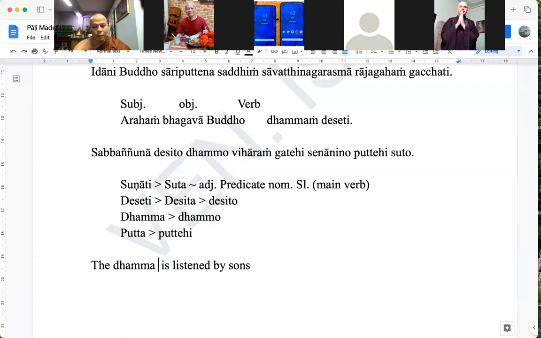So now the past participle is expounded. Expounded. Now we use the past participle, so it will be with an agent like here bodhehi for sutto. Now for desito also it will be with another agent with the instrumental case. That is here sabbaññunā, by the omniscient one. Expounded by the omniscient one.